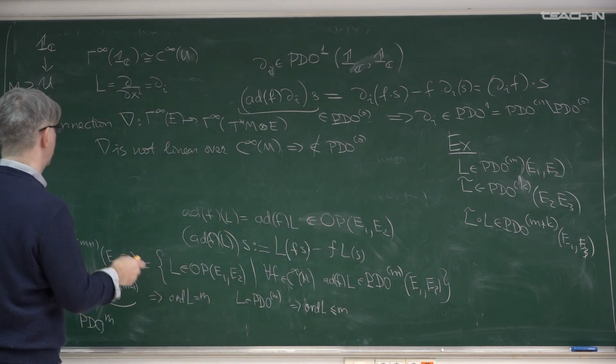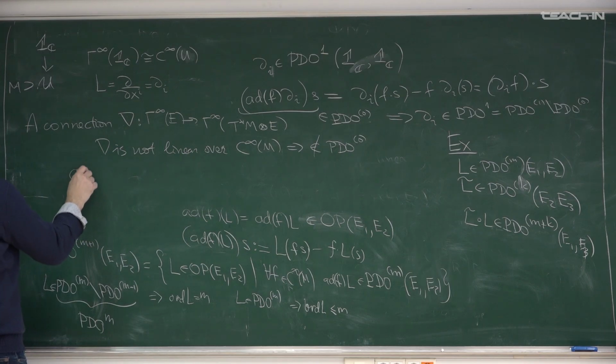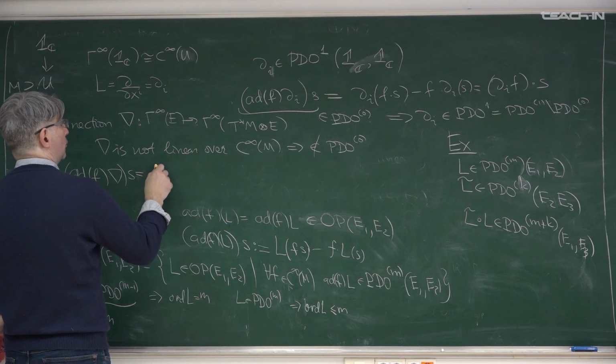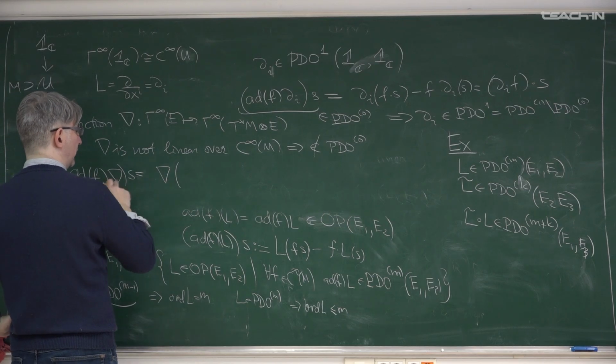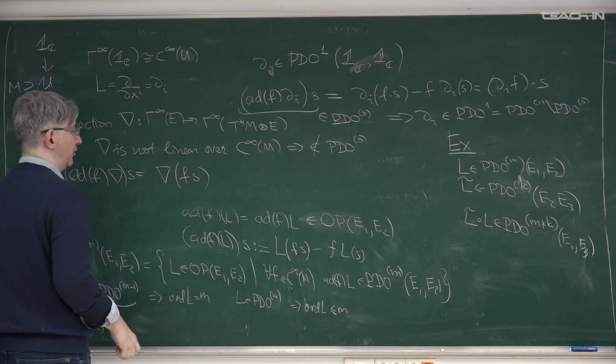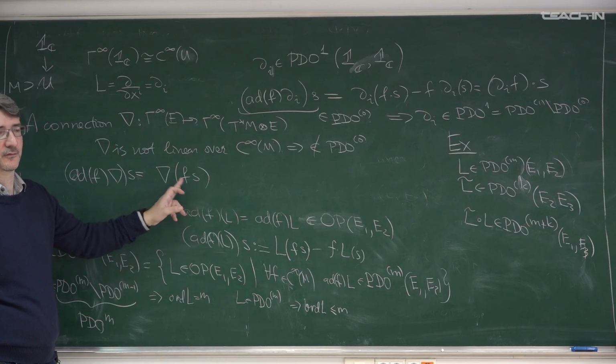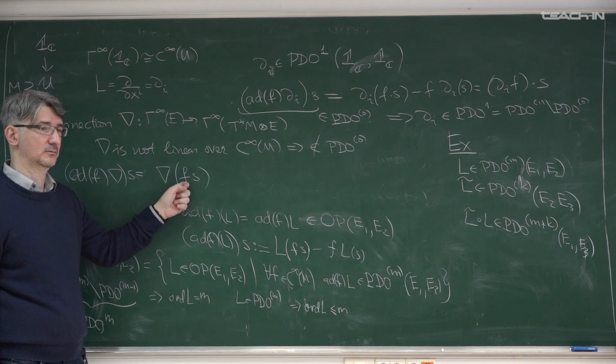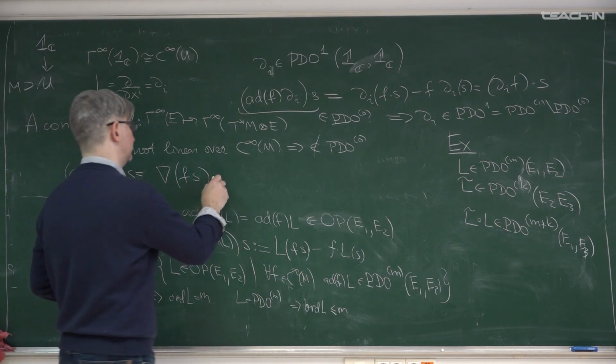But let us check what happens if we apply this to a section s. We consider nabla of fs. Here we have a product of two different objects: s is a section, f is a smooth function. No problem.